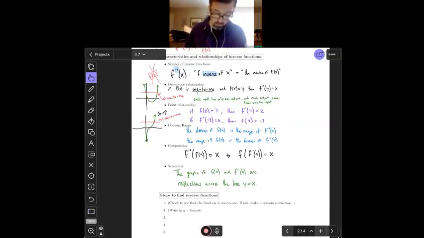Try to point out to you guys which ones will be more important to you. But the main bulk of your work is going to be given a function, finding its inverse. That's what we're about to practice next.